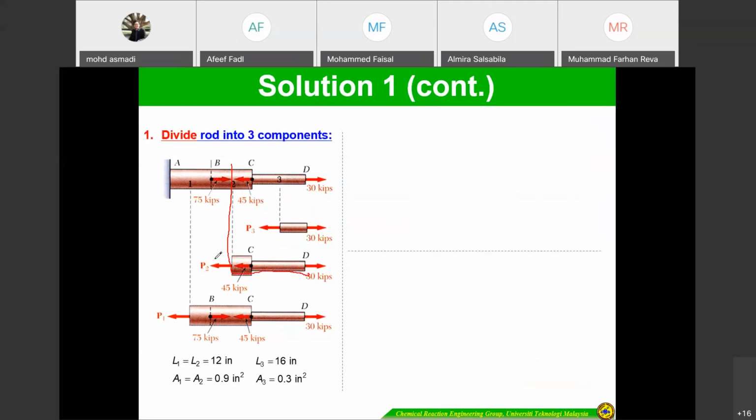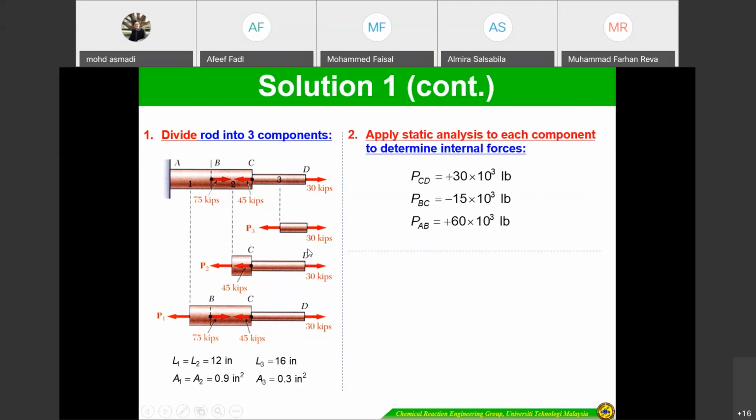Similarly, you remember this one, they have a force also introduced here, meaning that this one is a two-force member. Similarly for point A to B, you have to cut. And then we have to determine each force.